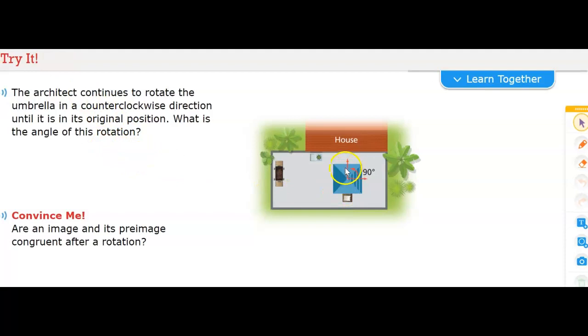Since it's still 90 degrees each time it turns counterclockwise, if he is continuing from that direction, that's 3 more times he's turning it. So the angle of that single rotation, if he goes all the way from here to there, will be 90 plus 90 plus 90, which is 270 degrees.